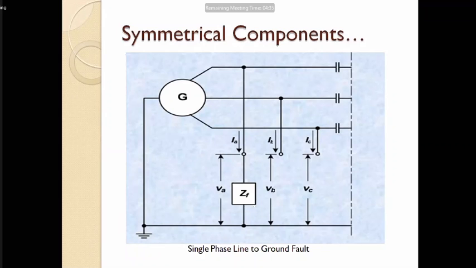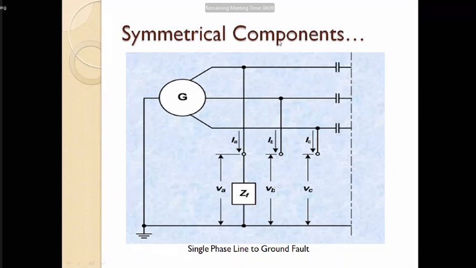Is the nomenclature correct? No. Put it in the right way.